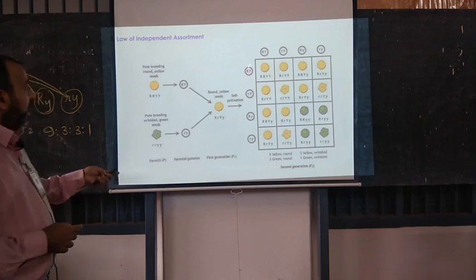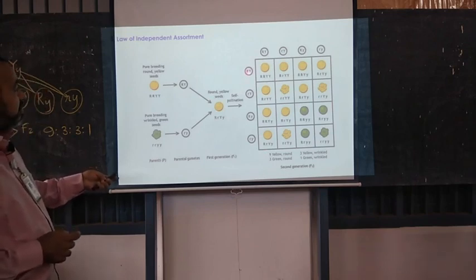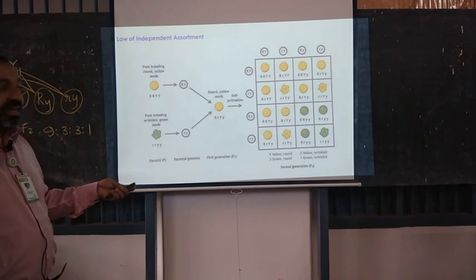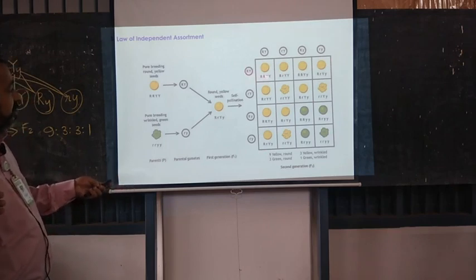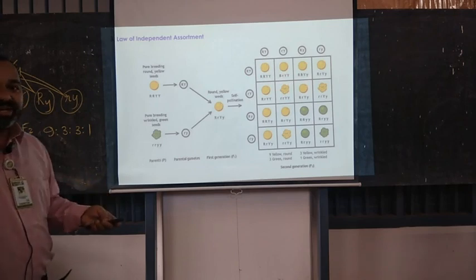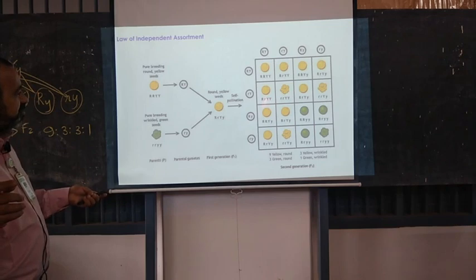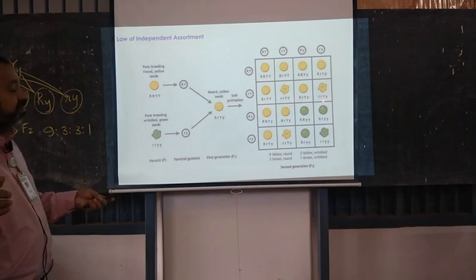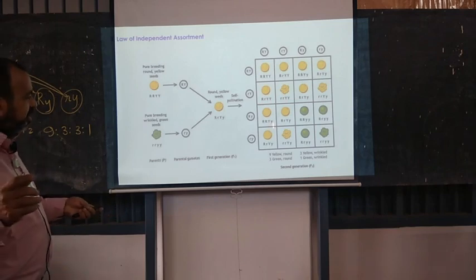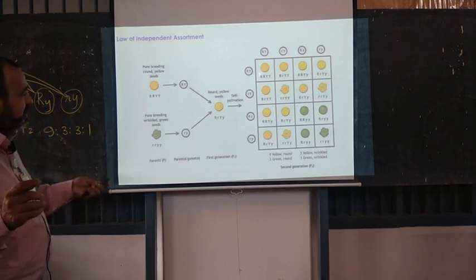Now this capital R is free to make any combination. It is free to move with the capital Y or small y. In the very same way, the capital Y is free to move with the small r, capital R, or small y. So we get all the 16 combinations here.